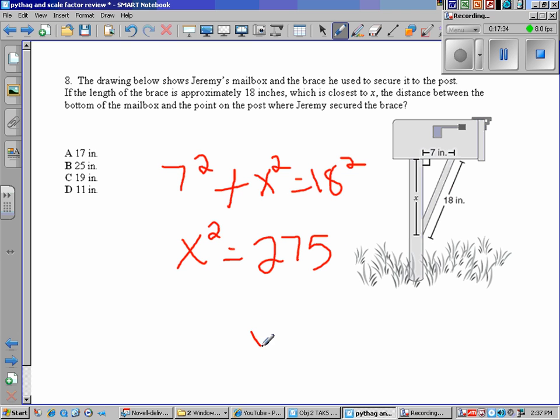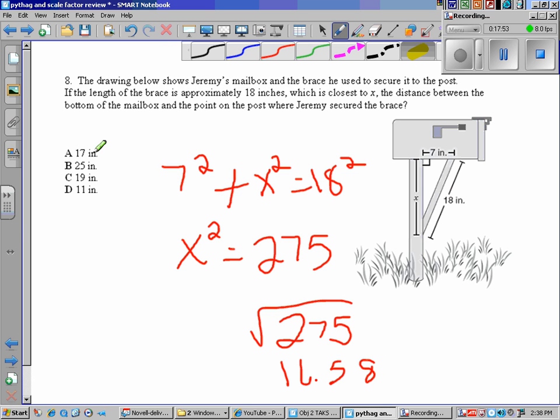So if you take the square root of 275, you get 16.58. Well, the closest answer for us to use is right here at 17. And that's your answer.